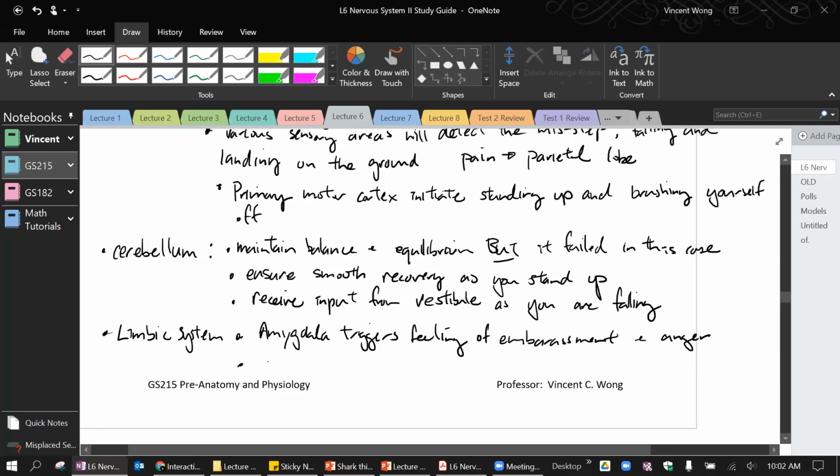It will also trigger the release of adrenaline via the hypothalamus, right? The hormonal pathway. The adrenaline gets your heart rate going. You might feel your face flush a little bit. Okay.